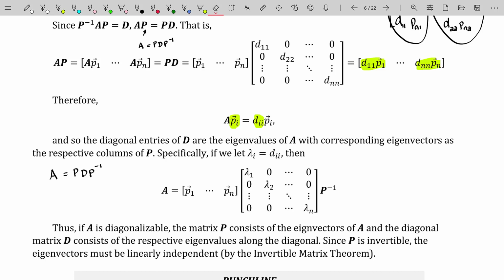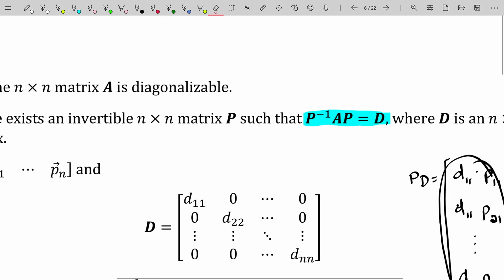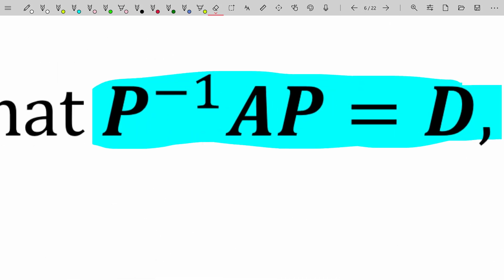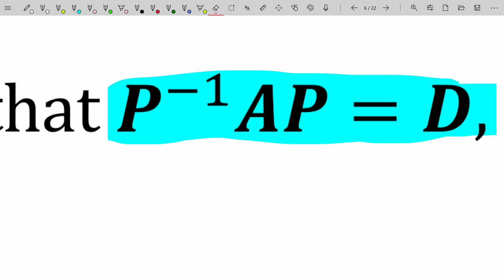Since P is invertible, the eigenvectors must be linearly independent by the invertible matrix theorem. Remember, P is the matrix of eigenvectors, but at the same time, because A is diagonalizable, P has to be invertible. So all those eigenvectors have to be linearly independent. If they're not, then P is not invertible. So we now know we have a bunch of linearly independent eigenvectors.